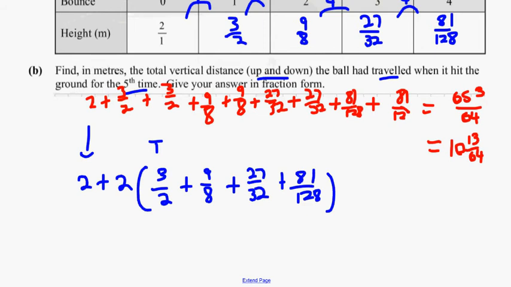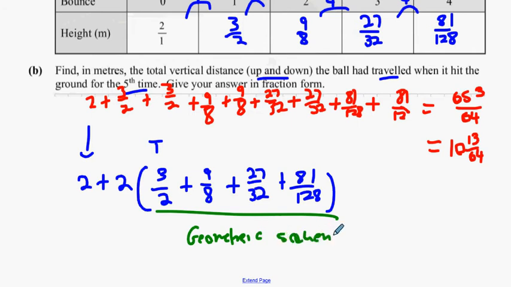This here is a geometric sequence, where this is T1, and that'd be T2, T3, T4, and T5 as above.